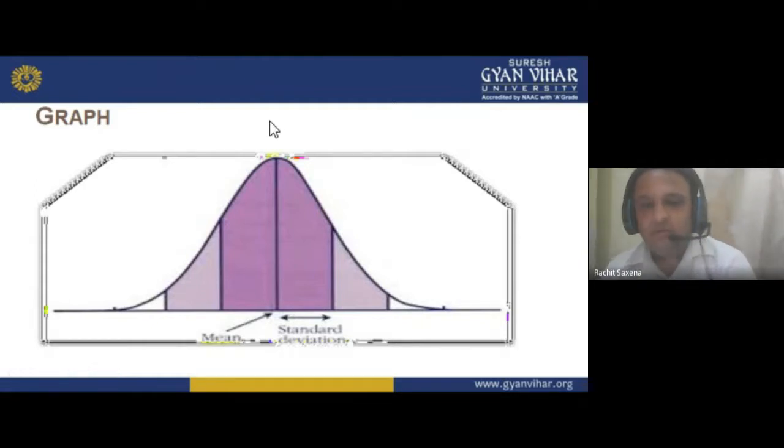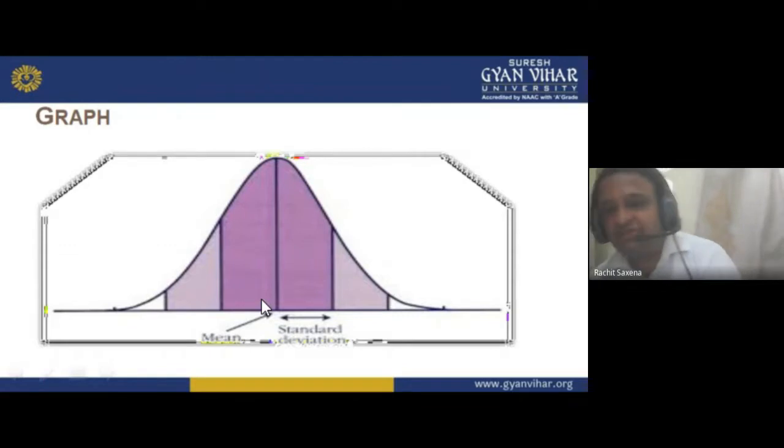Deviation is the dispersion, because we are not getting a fixed value but certain values. So the calculation of dispersion is first the mean, then the standard deviation. I hope you understand.